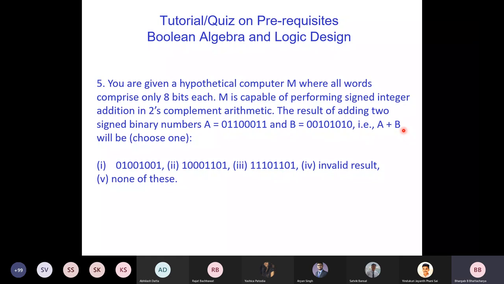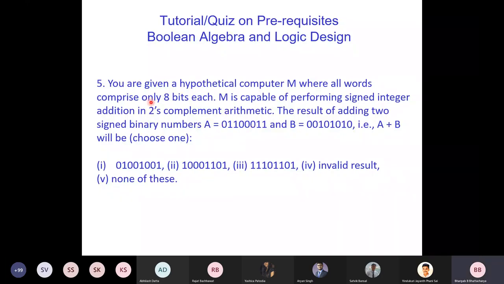Here you are given a hypothetical computer M where all words comprise 8 bits. This computer is capable of performing signed integer addition in 2's complement arithmetic. So the input is 2 binary numbers in 2's complement.